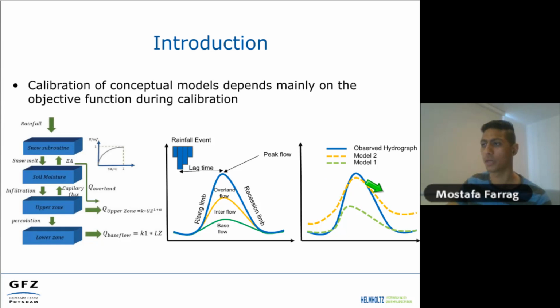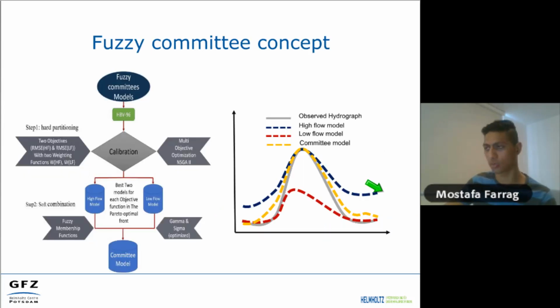By addressing this limitation in hydrological models, we proposed a fuzzy committee concept to calibrate the model based not on only one objective function, but on multiple objective functions.